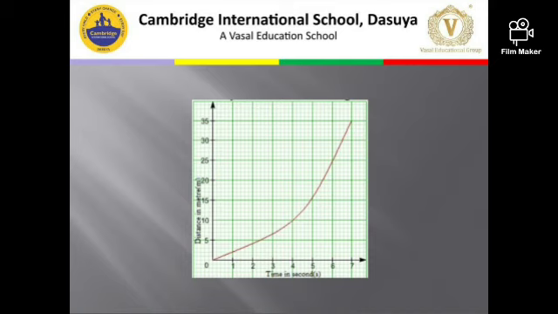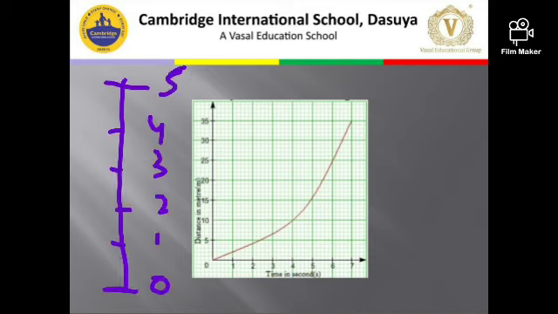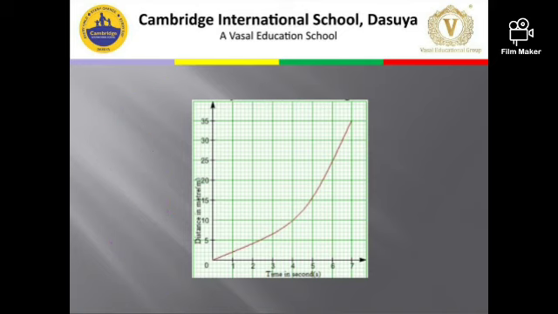Means from 0 to 5, there are some intervals in between as well. There are some distances in between as well. Okay. So from 0 to 5, there are 5 lines in between. It means each line in between is of 1 meter. We have to consider this also while understanding this graph.